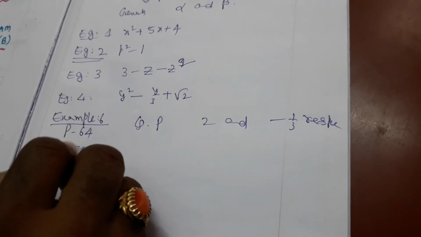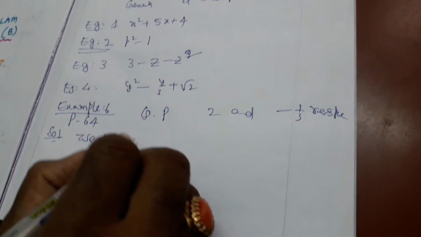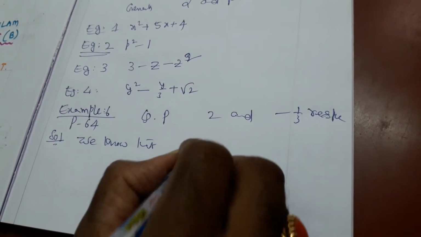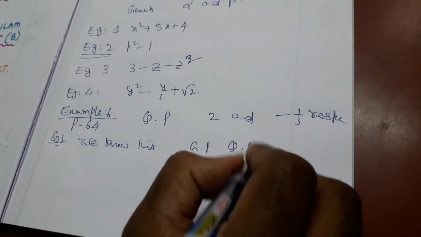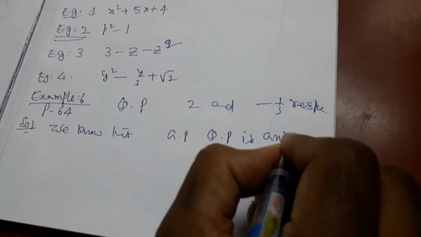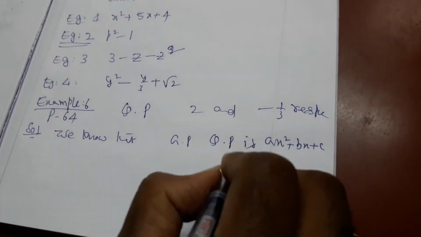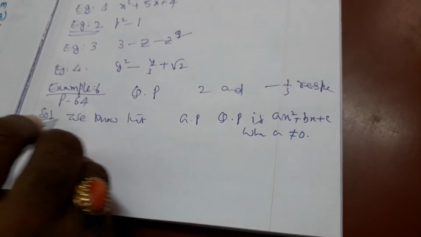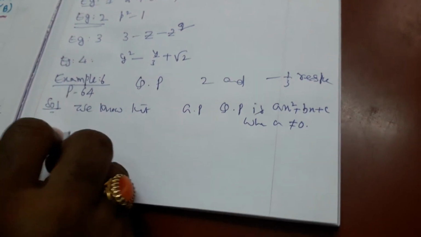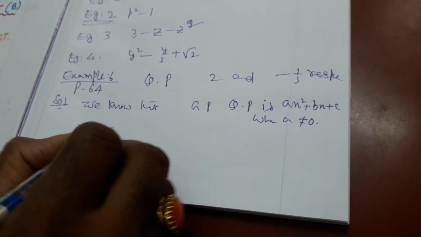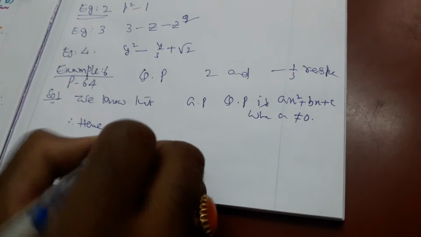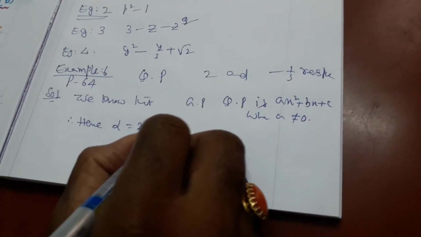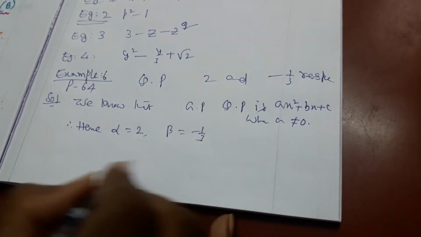We know that the general form of a QP is ax square plus bx plus c, when a is not equal to 0, and its zeros are alpha and beta. Therefore, in this problem alpha is 2, the first zero of the quadratic polynomial, and beta is equal to minus 1 by 3.